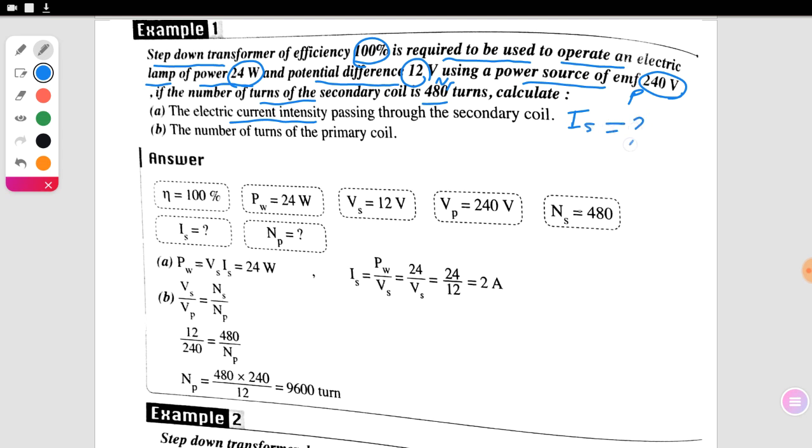Is is unknown. When we need to solve any problem, at first write the given as the following: efficiency of transformer 100%, power 24, voltage of secondary coil 12 volt, V primary 240 volt, N secondary 480 turns, unknown Is at the secondary coil.